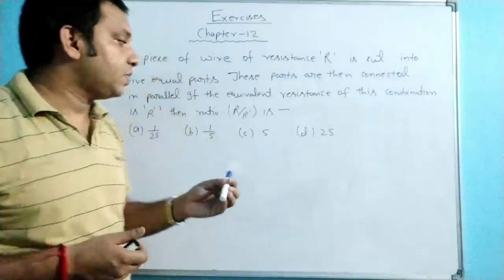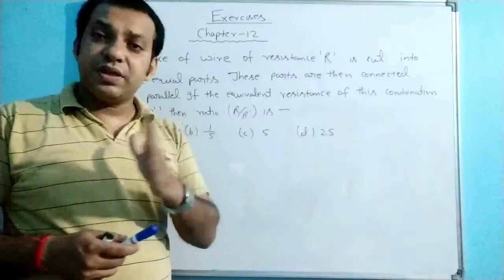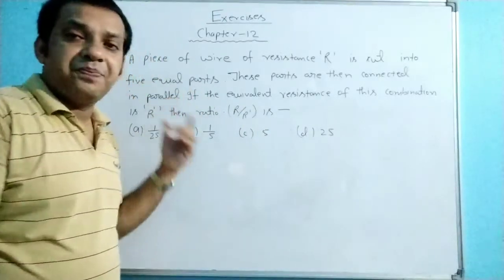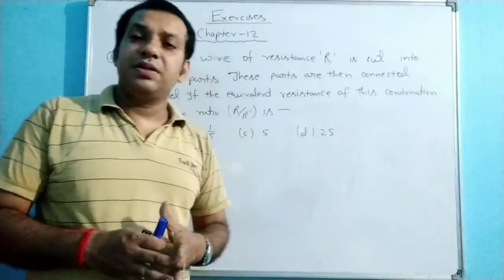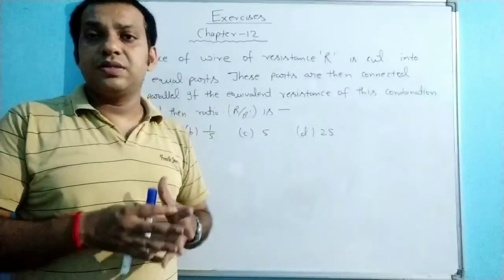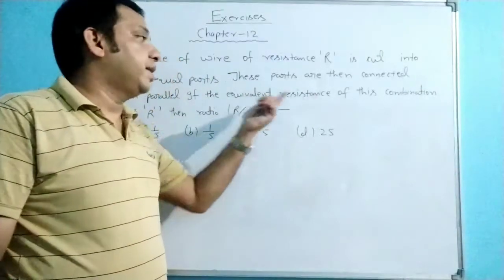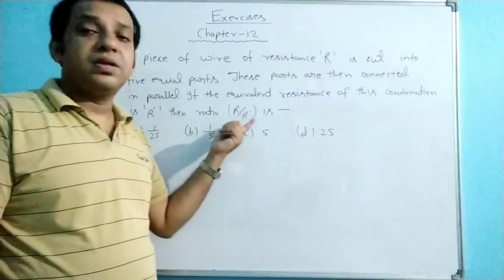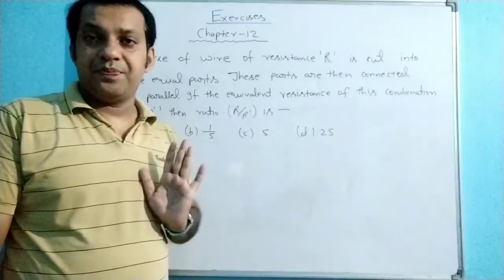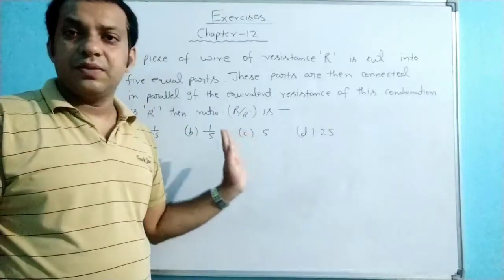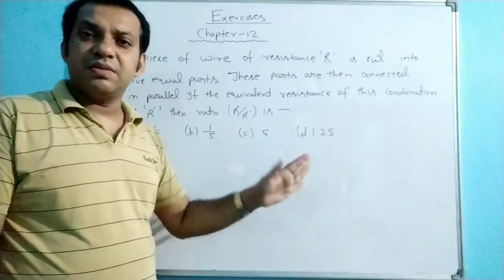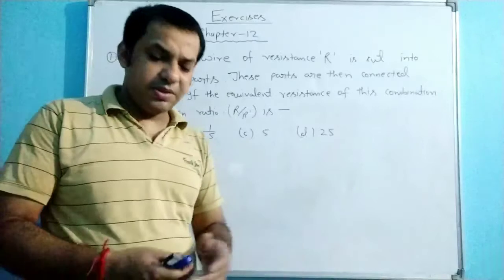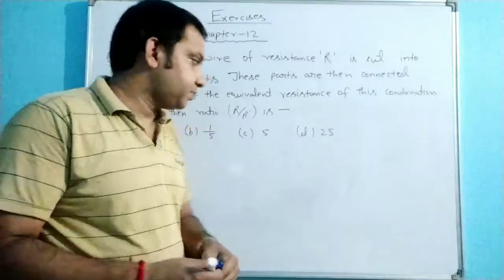Now each part is connected in parallel combination, and the equivalent resistance, the overall resistance offered, becomes R dash. So you have to find the ratio of R divided by R dash. This is our question. It is based upon the series and parallel combination, and we have already discussed the formulas for series and parallel combination. So let us see the solution.